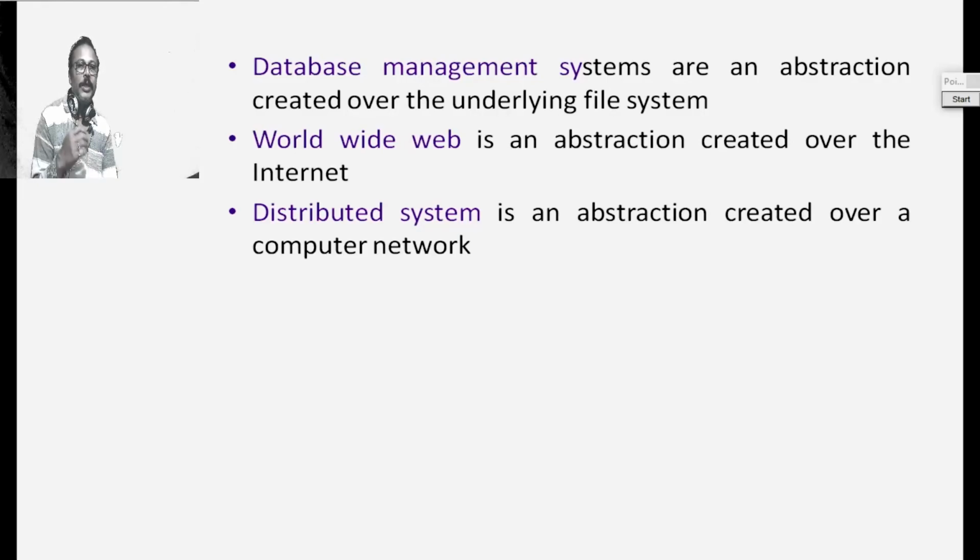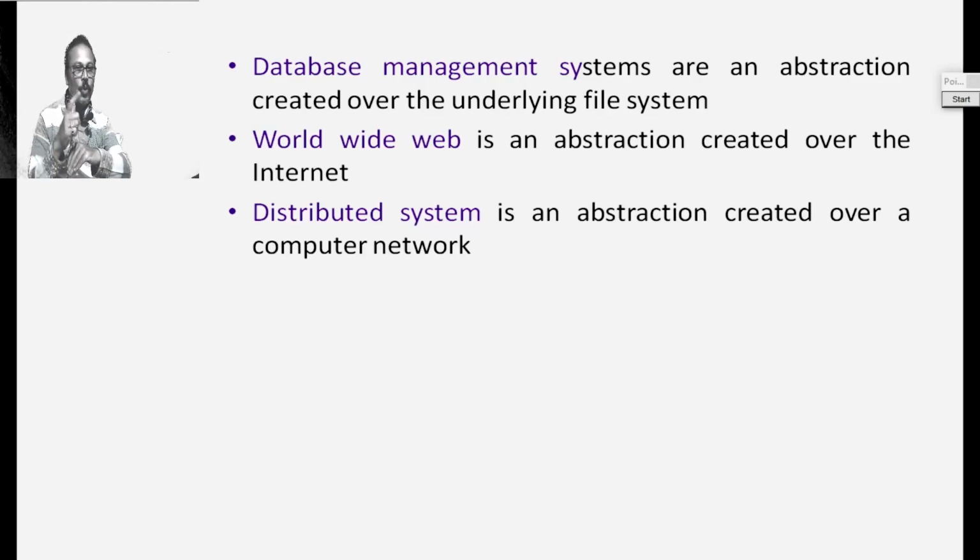Lastly, database management systems which you are going to study are an abstraction created over the underlying file system. And World Wide Web is also an abstraction. Distributed system is also an abstraction. If we take internet, internet is nothing but a collection of networks. Wherever the information is available, you are able to access.